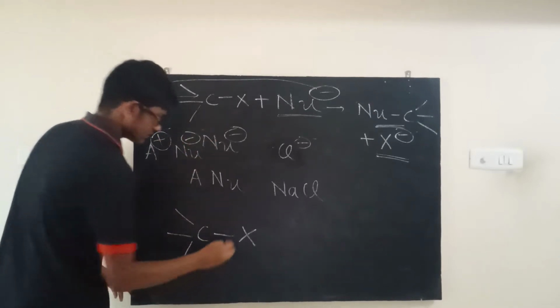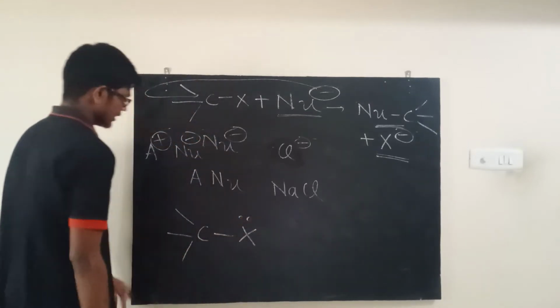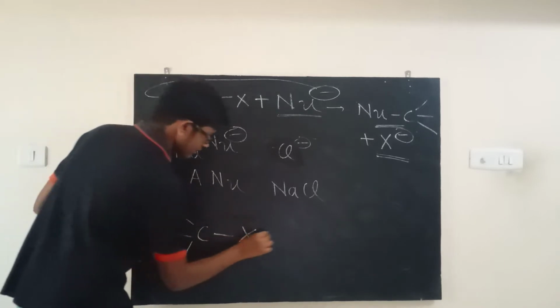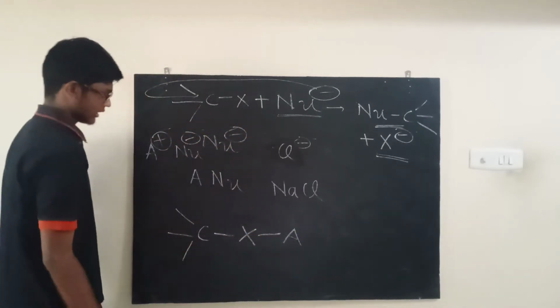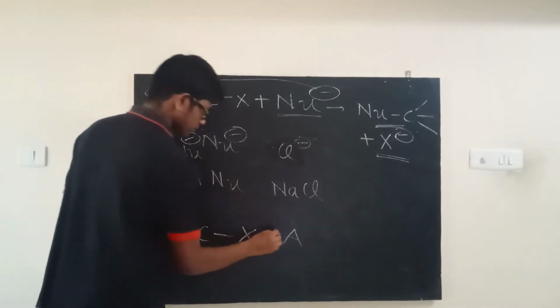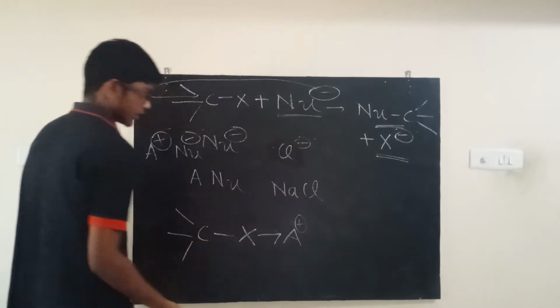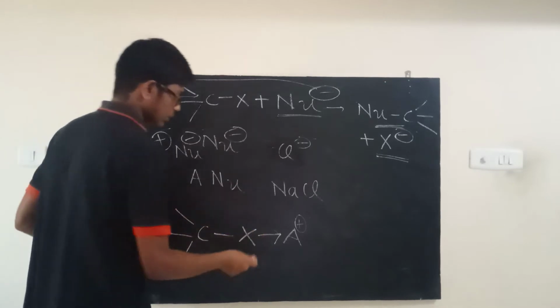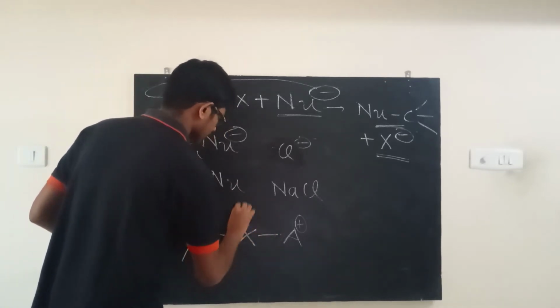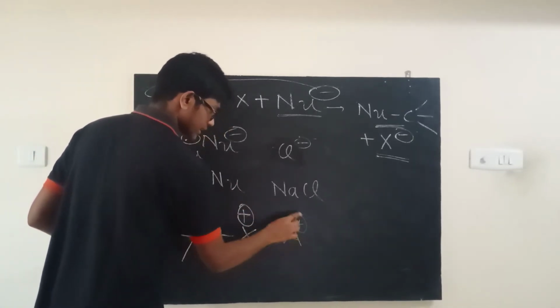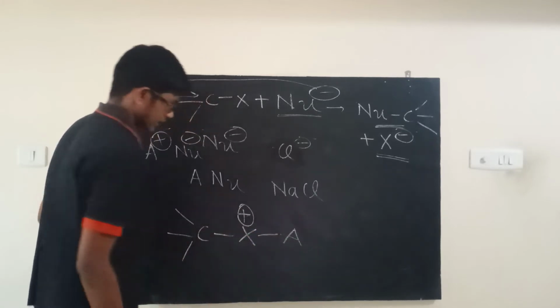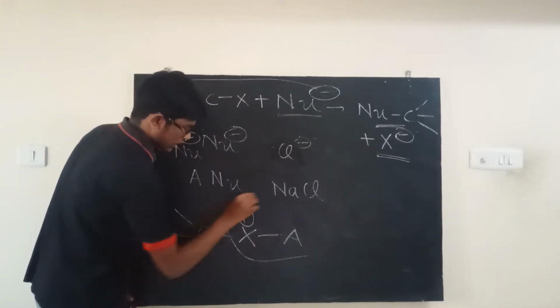Since the nucleophile has lone pairs, this A plus would actually coordinate with the X. It should be a coordinate bond like this, but I had a plus charge here. Or you can always represent the coordinate bond as a covalent bond with a positive on the donor atom and a negative on the acceptor atom. Negative and positive cancel, right? This is what we call coordination, okay?